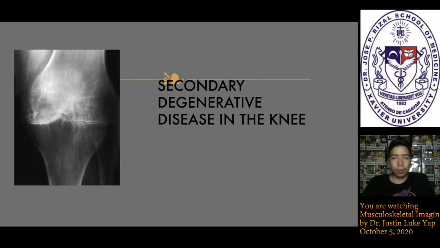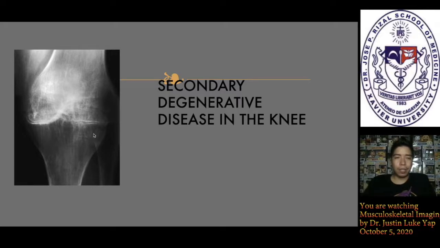Another thing to take note of is that this arthritis could occur in conjunction with one another. So this is an example of osteoarthritis occurring together with rheumatoid arthritis. So you'll see a combination of the features.